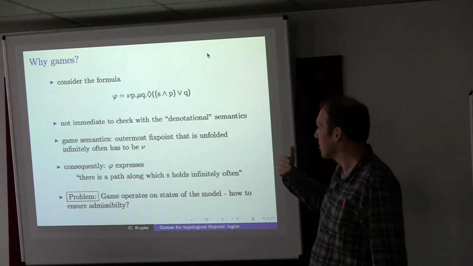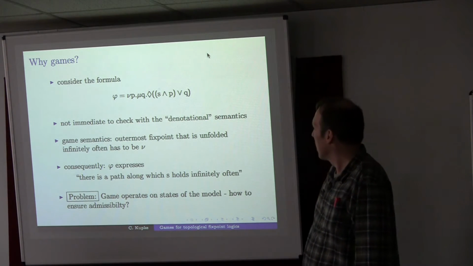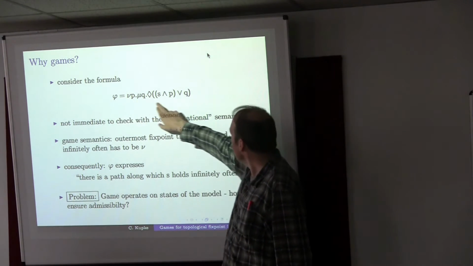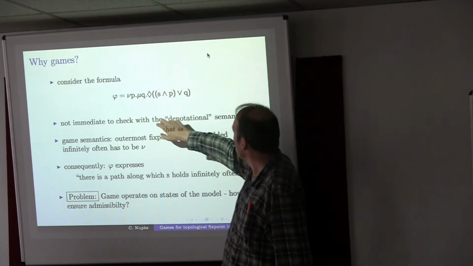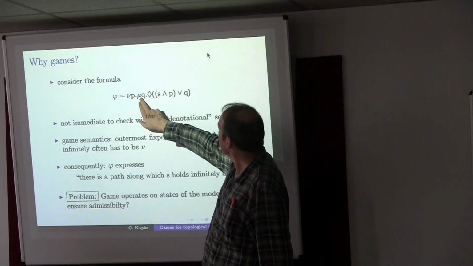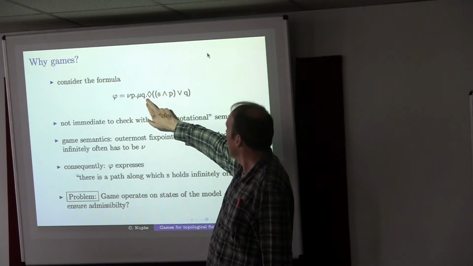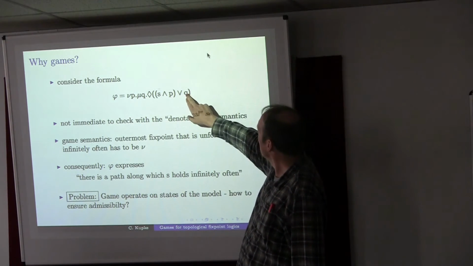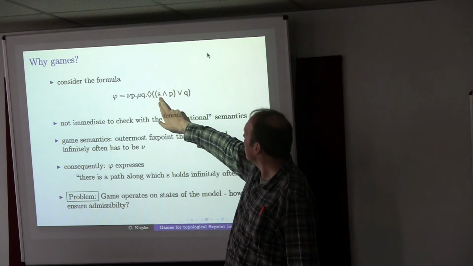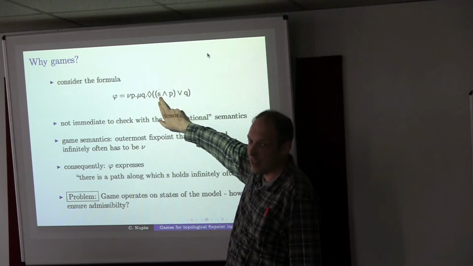Otherwise, falsifier wins. And so if you want to win this game here, you have to make sure that you do not stay in a Q loop for infinite number of steps, but you only have to stay in Q if you reach states where S is false.